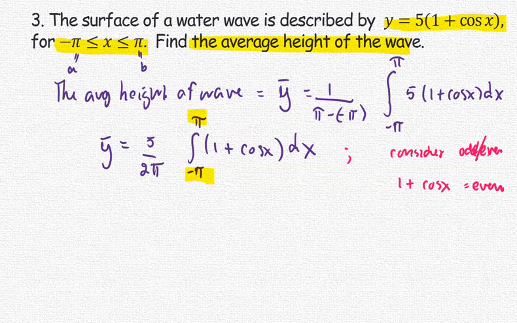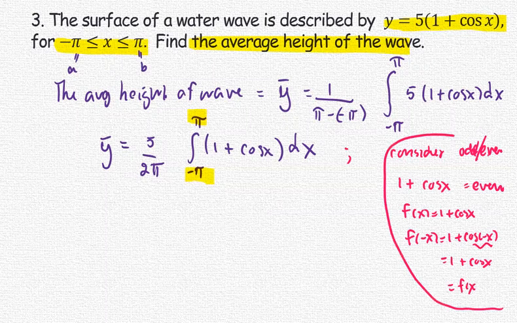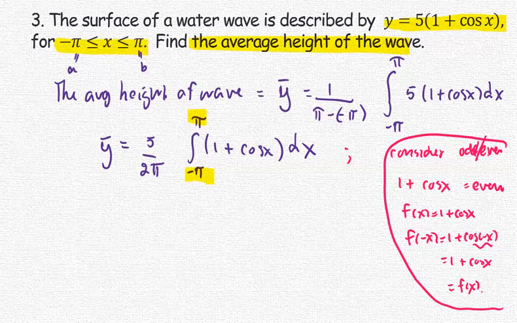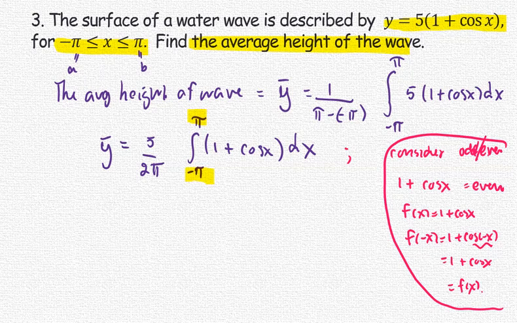You can verify it: if f of x equals 1 plus cosine x, and you replace x with negative x, 1 plus cosine negative x returns exactly the same as the original function. Or you can use a graphing calculator to verify the graph. If you see the graph symmetric about the y-axis, that is the graph of an even function. So now we verify this is an even function.